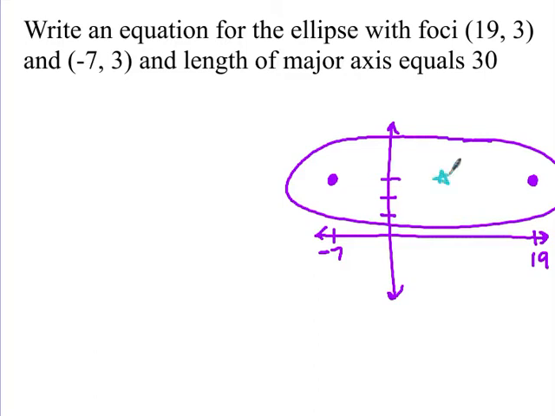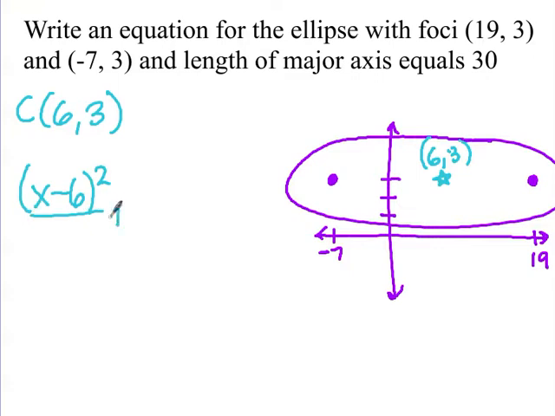So here we go. 6, 3 is where the center is. Is it going to open horizontally or vertically? Horizontally because of how the foci are. So I have x minus 6 squared plus y minus 3 squared equals 1.